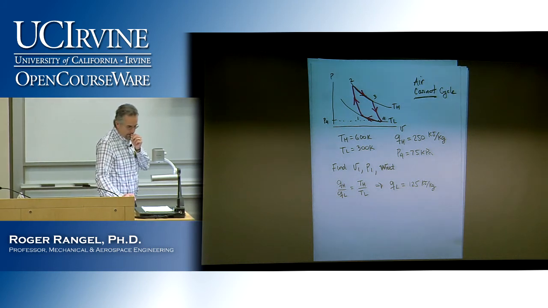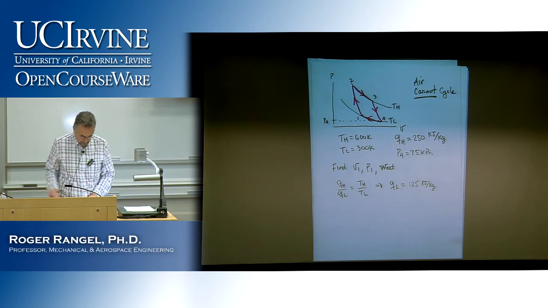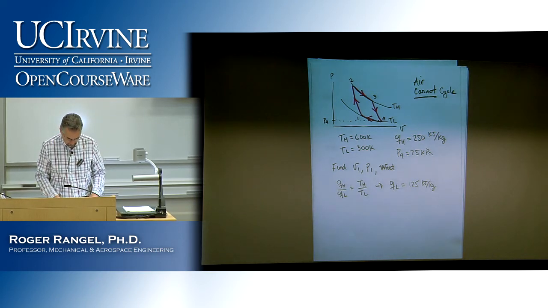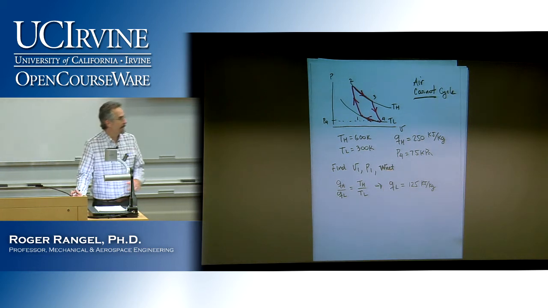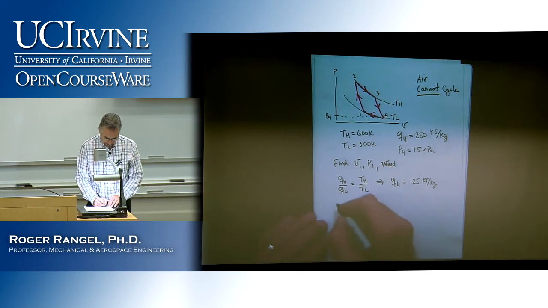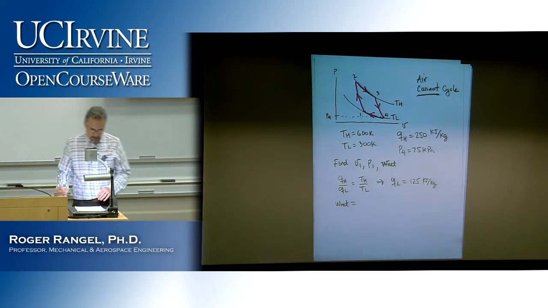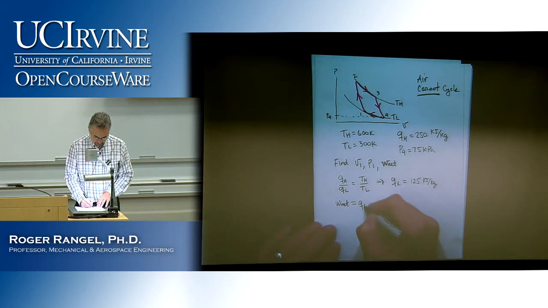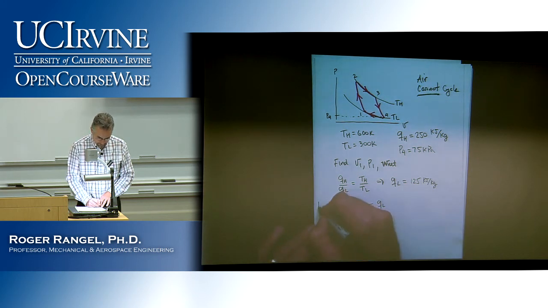Okay, what else can I do? I can immediately get the work, because it's just an application of the first law. So I can say that W net is going to have to be Q sub H minus Q sub L, just from the first law.